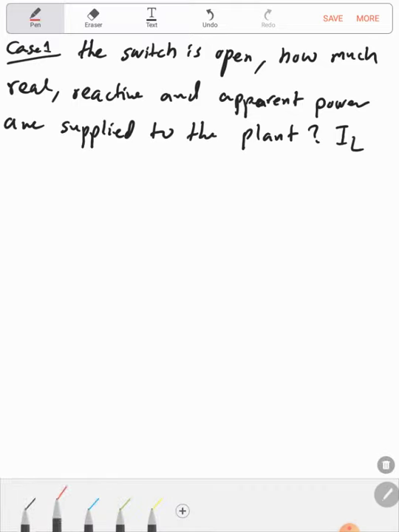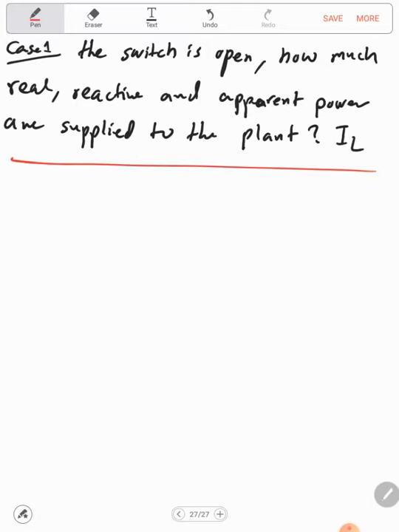Now, how to solve it? Simply here we have 2 loads because the third load is switched off. For load number 1, we have P1 equal to 100 kilowatt. This is given.